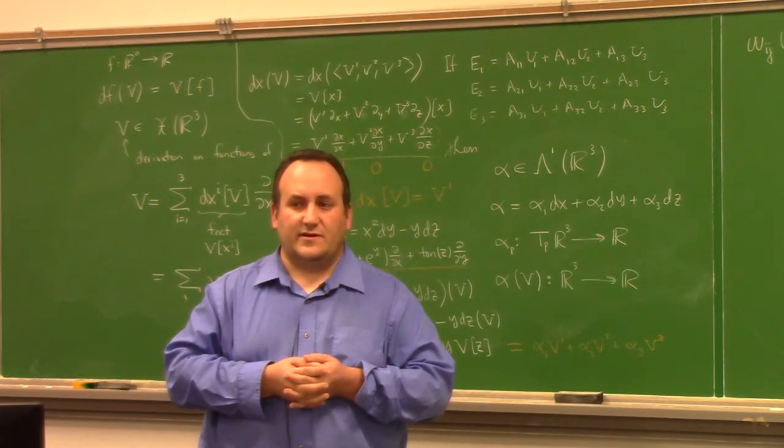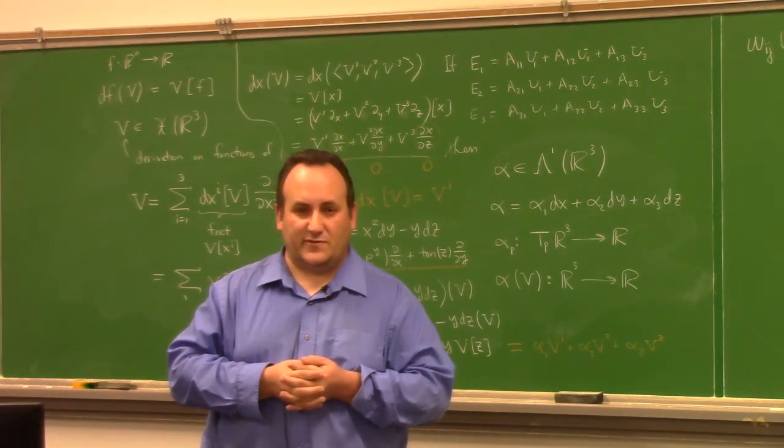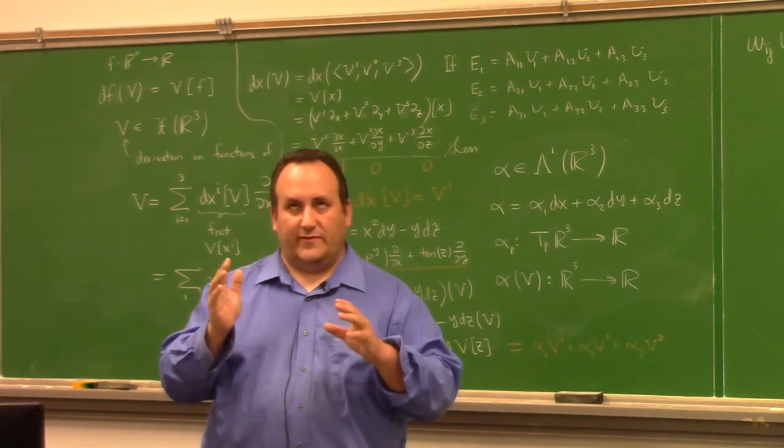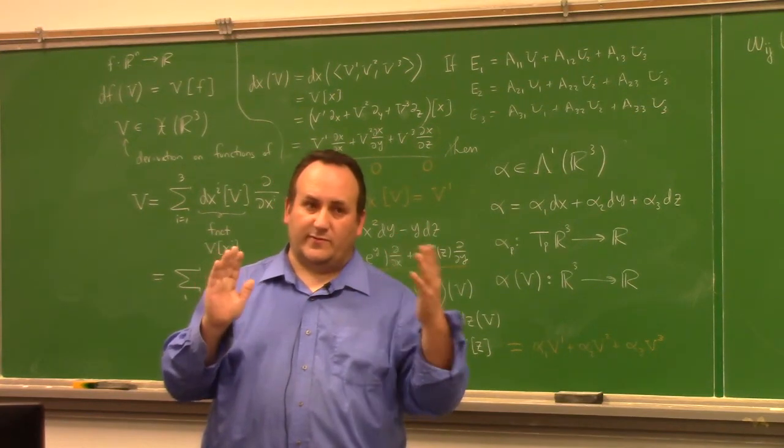I am so annoyed that the other day I derived the formula for the torsion and never panned to the board where I wrote the steps down. The formula is alpha prime prime prime dotted with alpha prime cross alpha prime prime, divided by the length of alpha prime cross alpha prime prime squared, something like that.